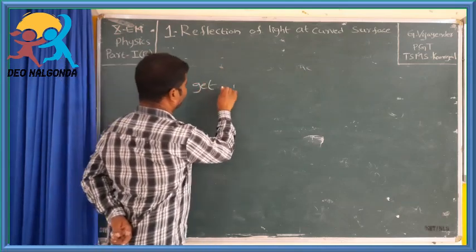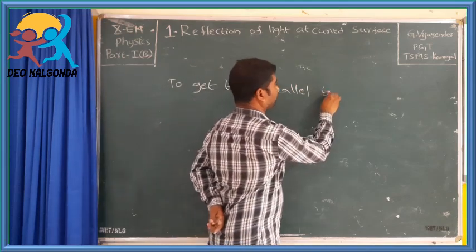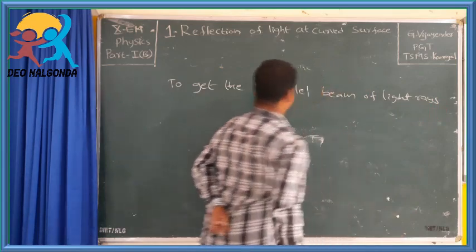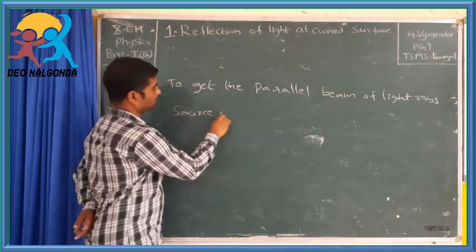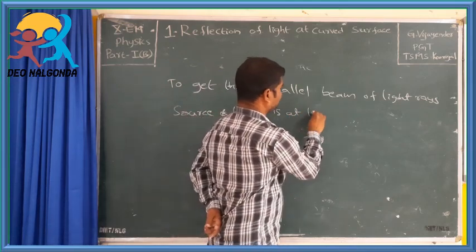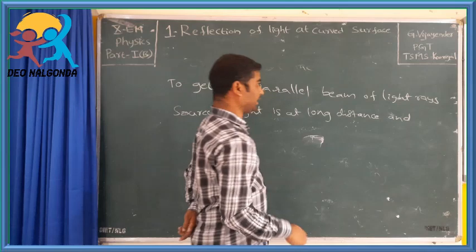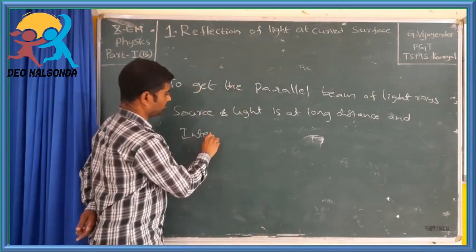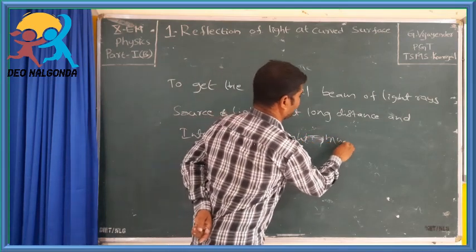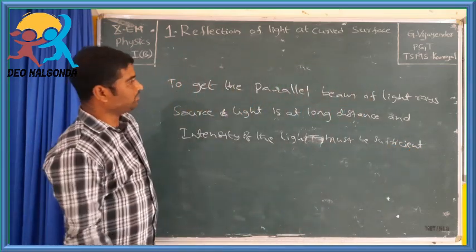To get the parallel beam of light rays, the source of light is at a long distance and the intensity of the light must be sufficient.